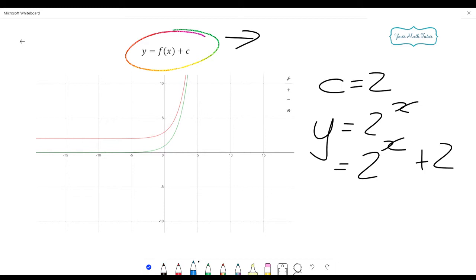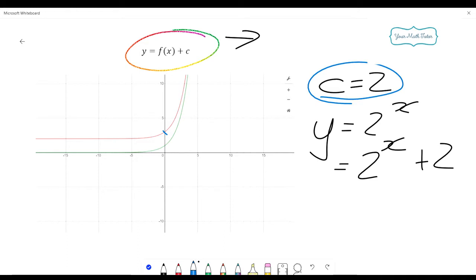So now let us look at our values. Green is the original graph and red is the transformation, so that you can see. At x equals 0, y was equal to 1, but now at x equals 0, y is equal to 3. So it has moved 2 units upwards, because our c is equal to 2.